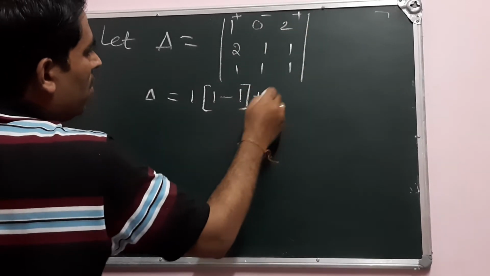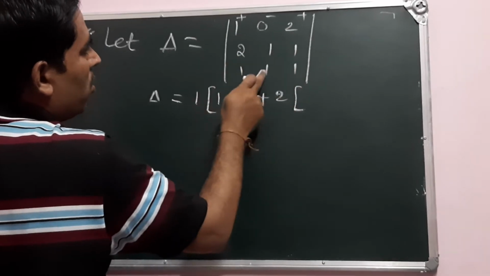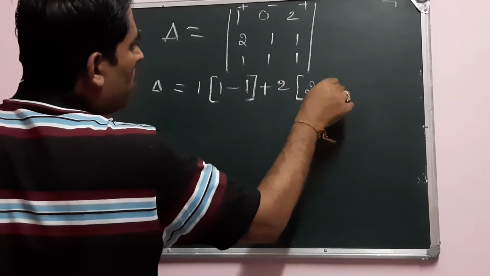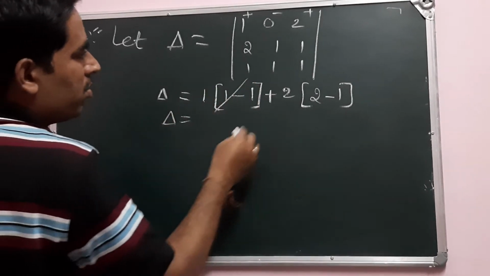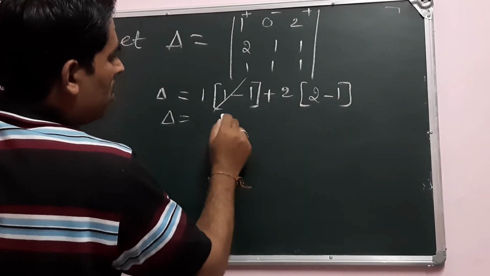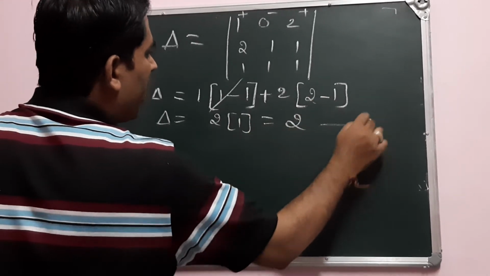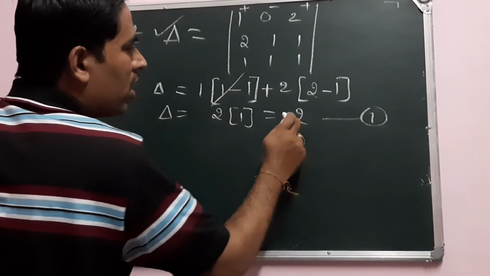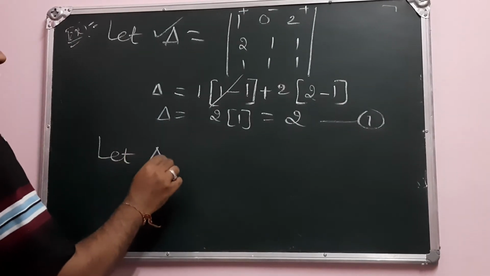I will consider plus 2 into, so leave this column and this row. So 2 into 1 2, 2 minus 1 into 1 1. 2 minus 1. So 1 minus 1 is 0. So 2 into 2 minus 1 is 1. So the value will be 2. The value of this determinant is plus 2.